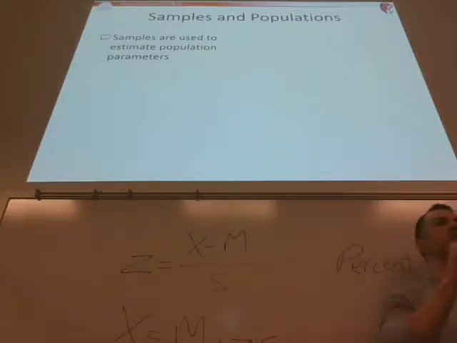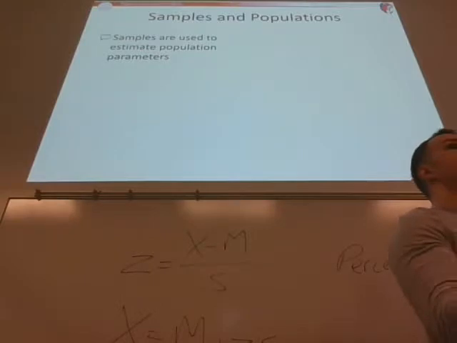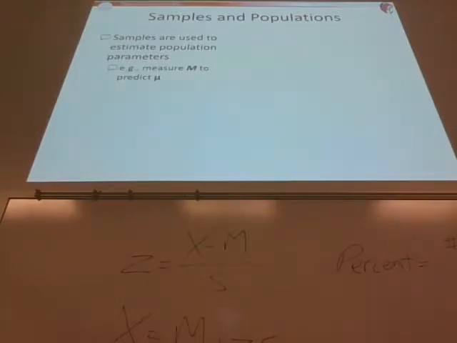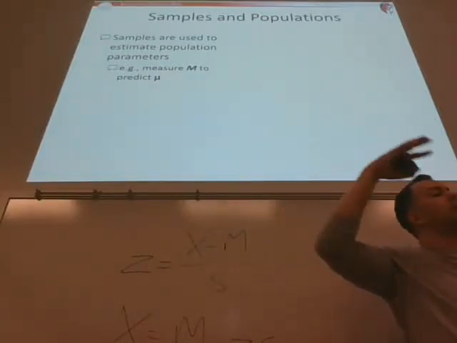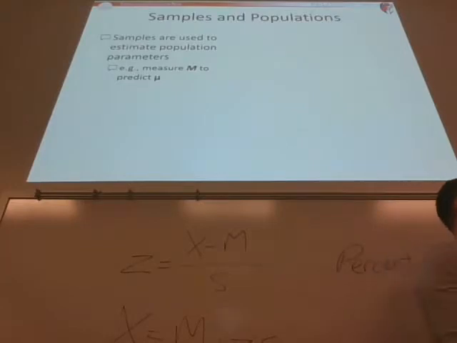And we want to say something, though, not just about those 14. We want to say something about the population of autistic children. So samples are oftentimes used to estimate population parameters, things about the population. So, for example, we can measure a sample and measure their mean IQ in order to predict what's the population's mean IQ, using that sample to predict the population.